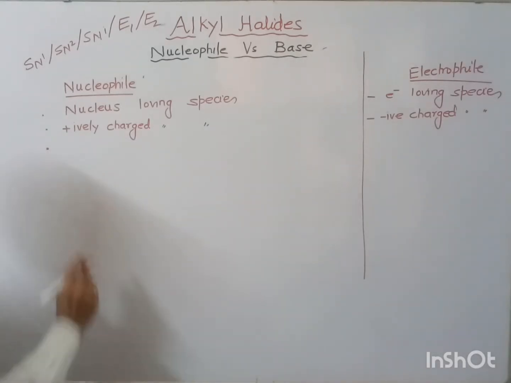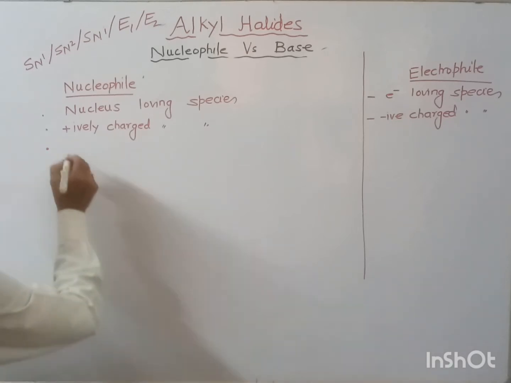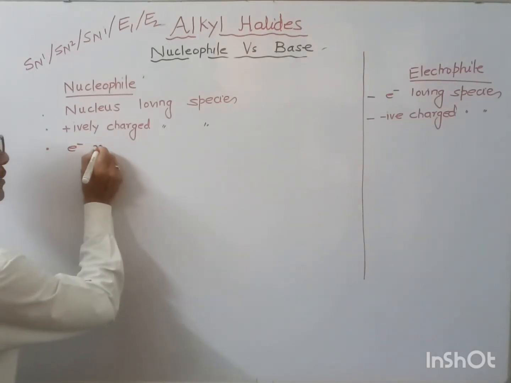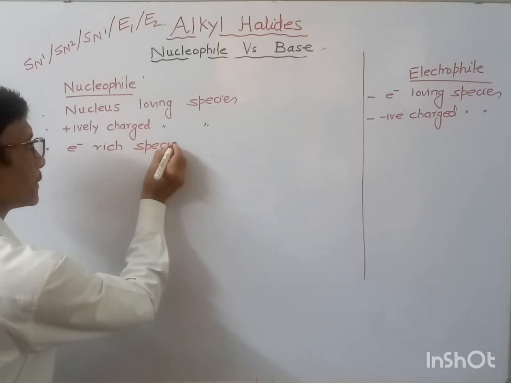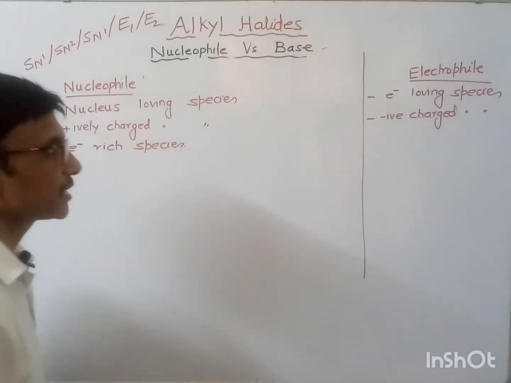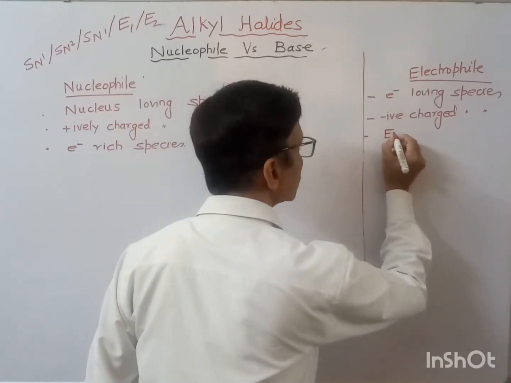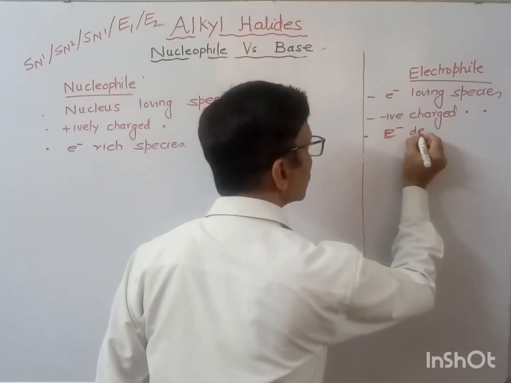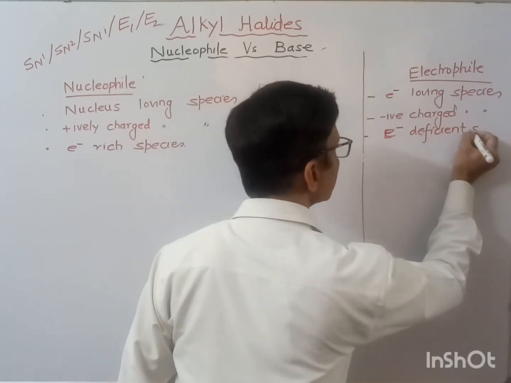Or in some other way, we can say the nucleophiles are the electron rich species, and these are electron deficient species.